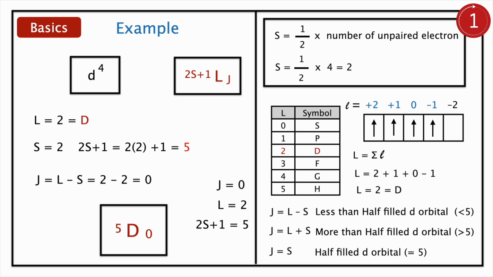L is 2: you add all the m values, plus 2 plus 1 plus 0 minus 1, which gives plus 2. 2 means D. It is less than half filled, so J equals L minus S. L is 2, S is 2, so J is 0. The standard term symbol is 2S plus 1, L, J. 2S plus 1 is 5, L is D, J is 0. So the term symbol is 5D0.